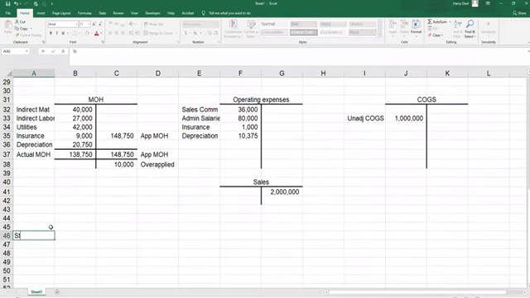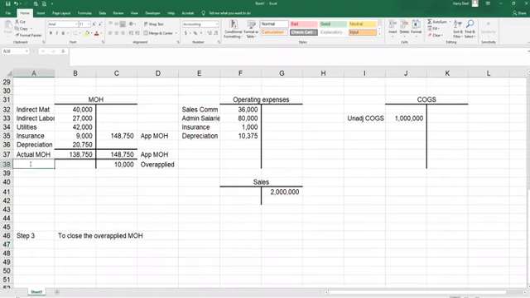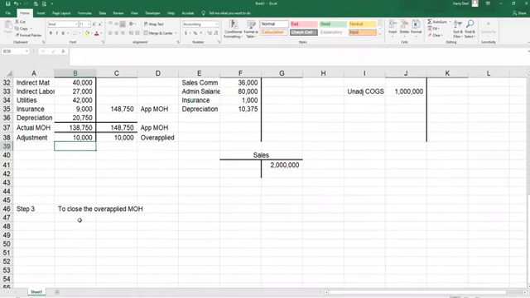Close the over applied manufacturing overhead. The adjustment is you want to debit manufacturing overhead by $10,000.